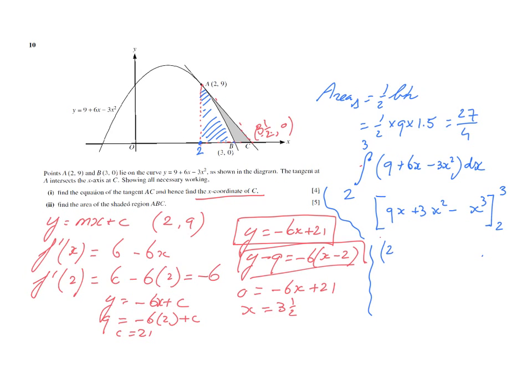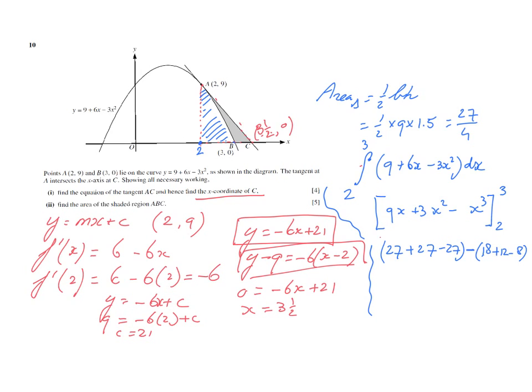But anyway, 9 times 3, 27. 3 squared, 9 times 3, so plus 27, minus 3 to the power 3, so that is minus 27, minus, and I'm going to substitute 2 inside, which is going to be 18, plus 12, minus 8, I believe. Is that correct? Minus 8, it is, alright.